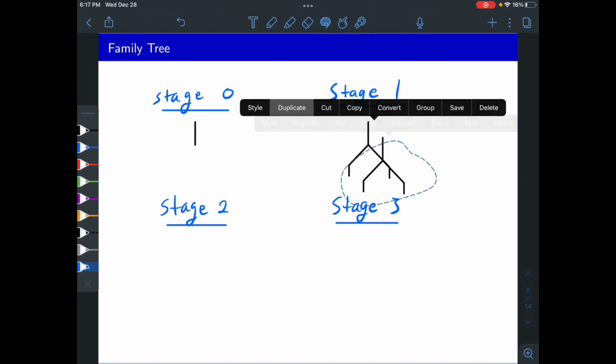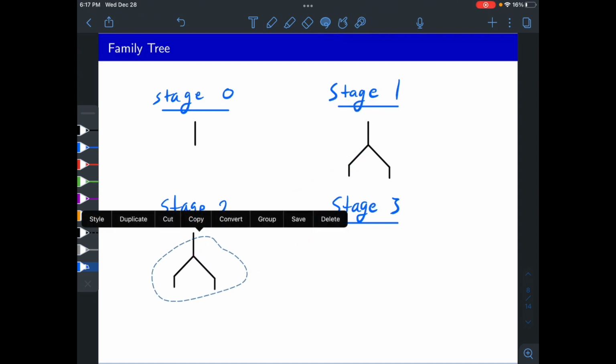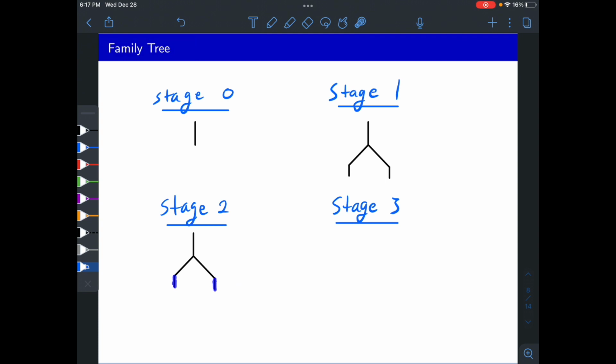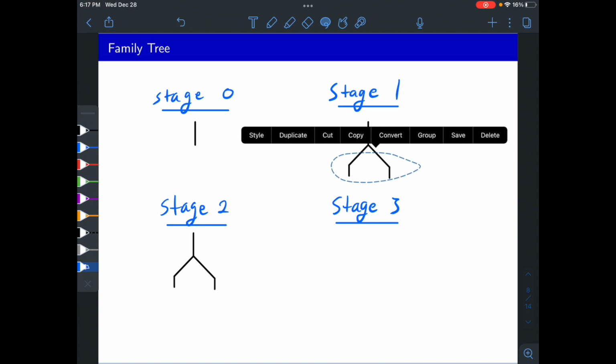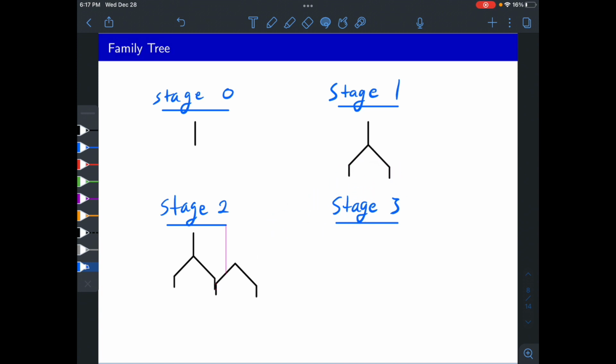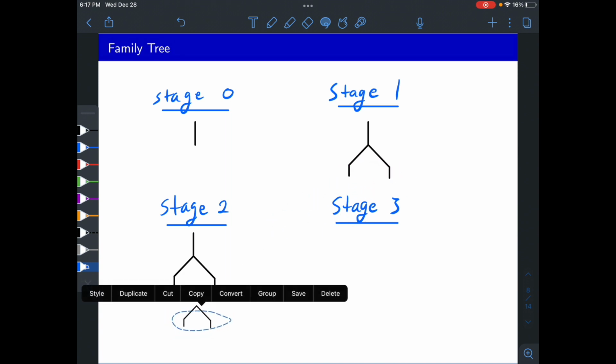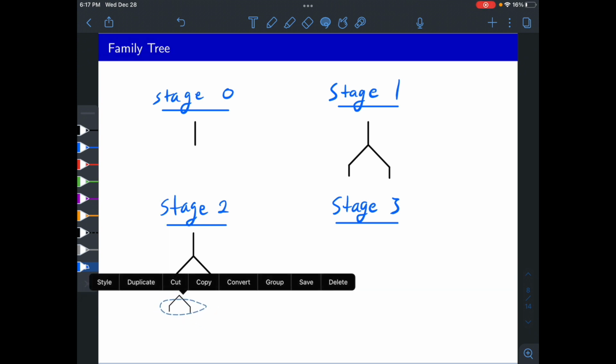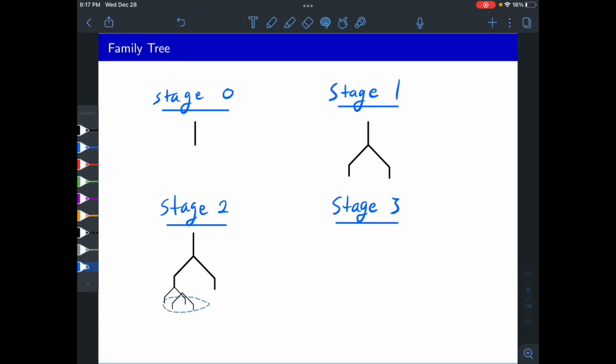So to go from stage 1 to stage 2, now I have these 2 line segments down here, which I'm going to attach that sort of picture onto. Except I have to shrink it down a little bit, so it has to be half the size. So I do this, and then this would be my stage 2. And now to go from stage 2 to stage 3, I have these 4 little nubby things.